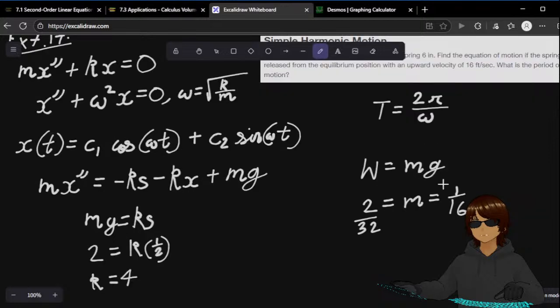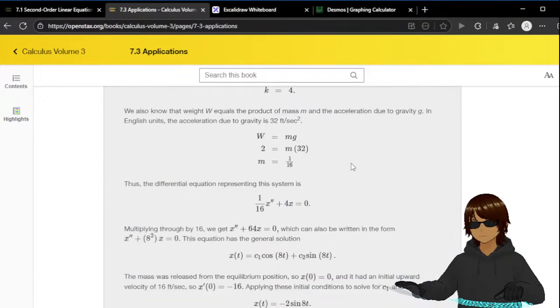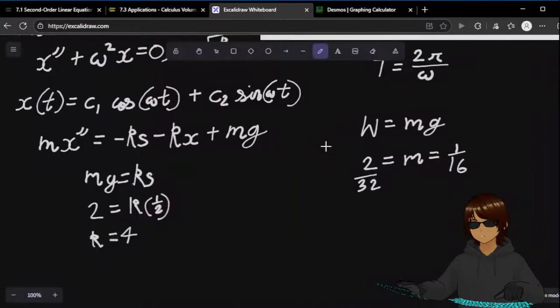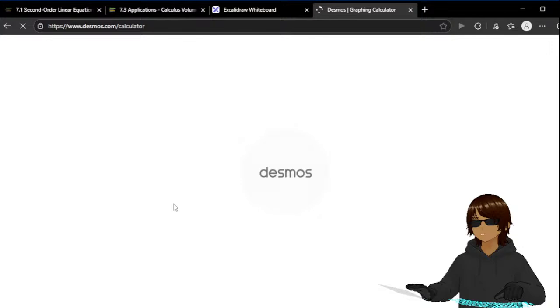Pi over 4. So, wait. Omega is the square root of k over m. k is 4. m is 1 over 16.